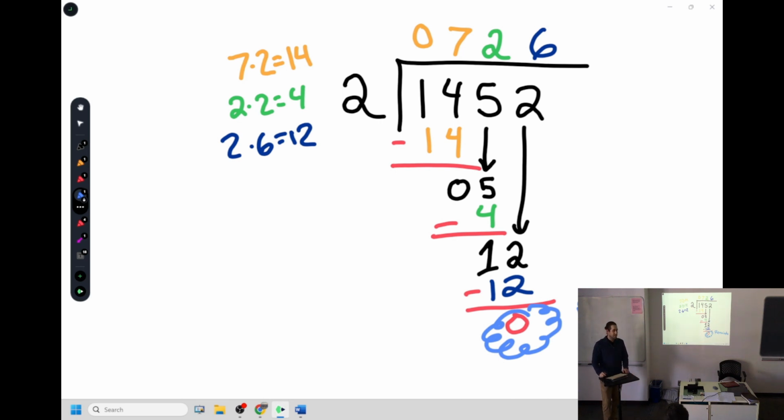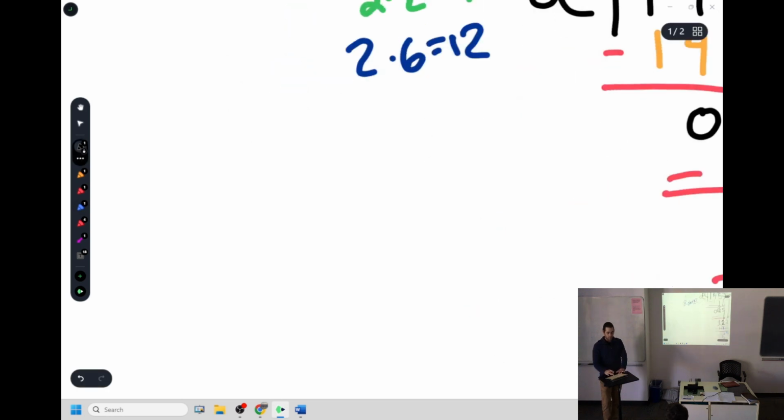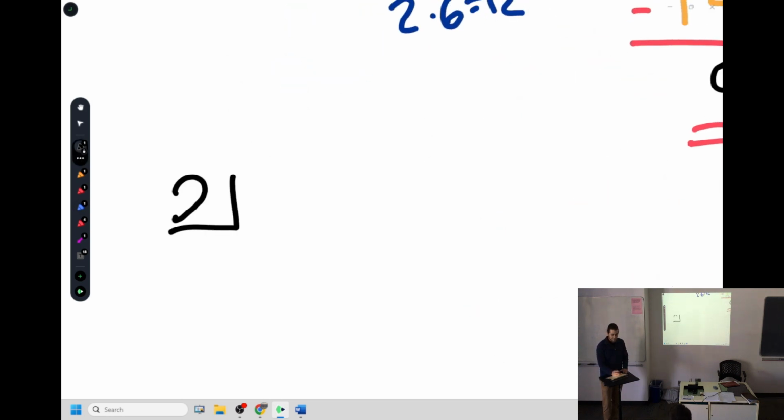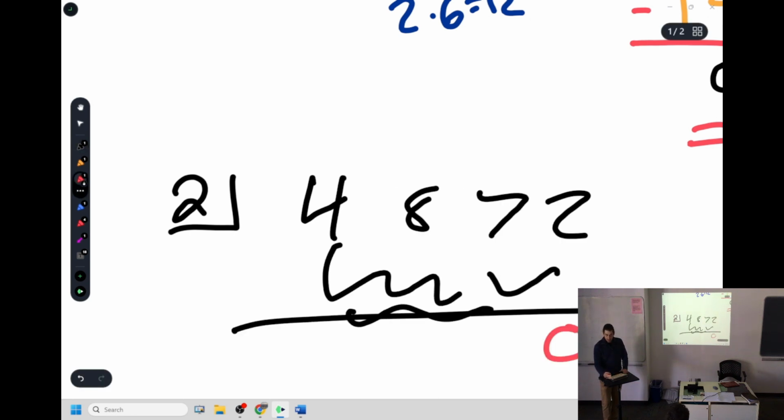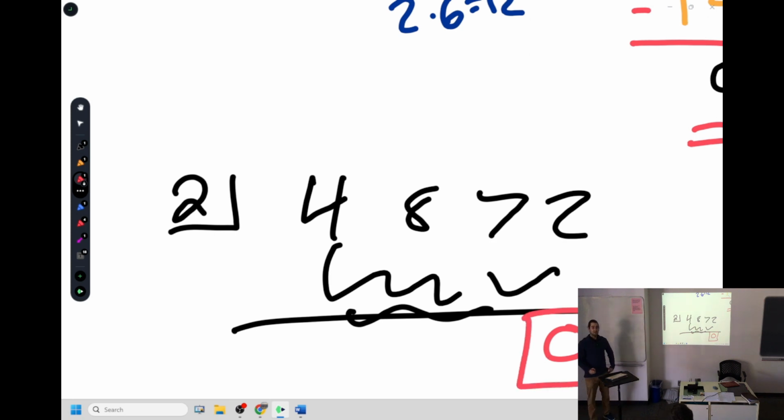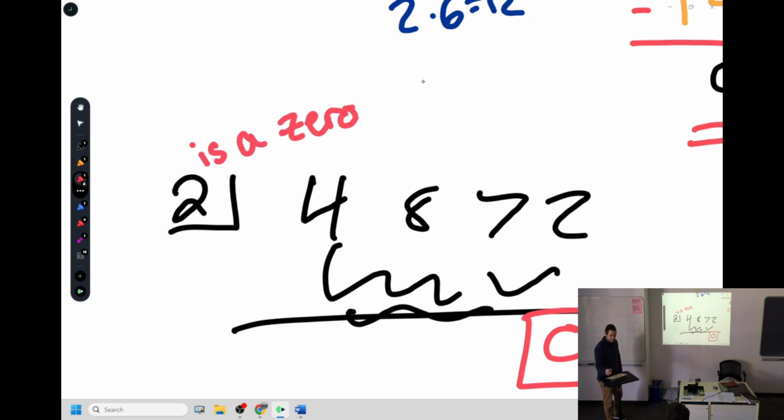If you get a 0 as a remainder, and this took the form more of, remember that synthetic division where you have like 2, and like 4, 8, 7, 2, drop, you had a bunch of math stuff here, and then if we got a 0 right here, what do we do immediately? What is a 0? Yes, we would write 2 is a 0, right? And zeros kind of tell you about what?